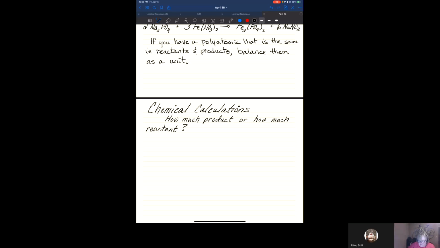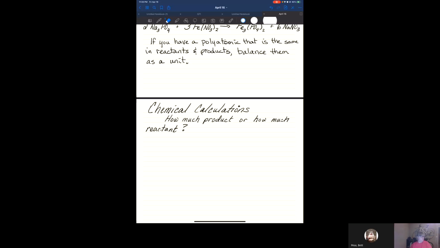If I say I need 12 peanut butter sandwiches, how many slices of bread are you going to need? So there's going to be some kind of a relationship between two things. One could be a reactant and one could be a product.